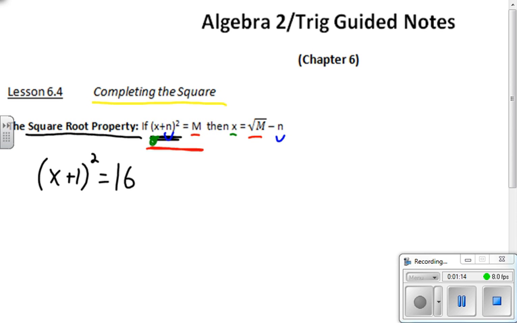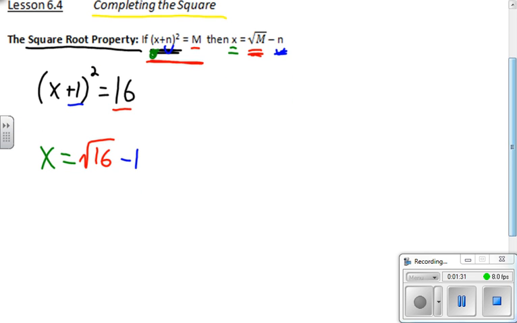Well, again, remember, from this over here we'd say x equals square root of m, so square root of this, minus our n value, so minus this one. From here we can determine then that x equals square root of 16, which is 4, minus 1. So we would say that x equals 3.